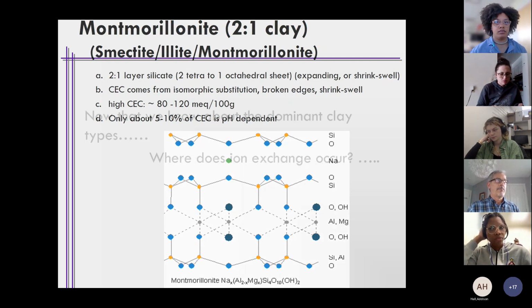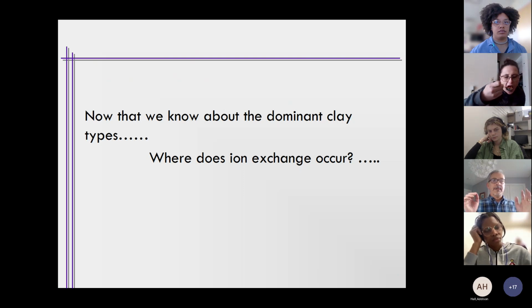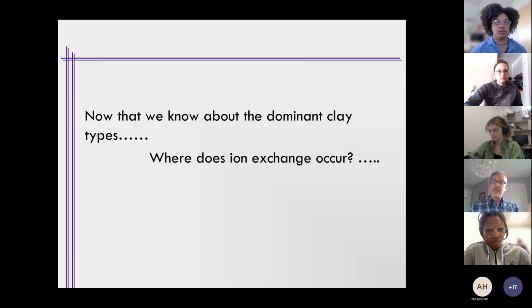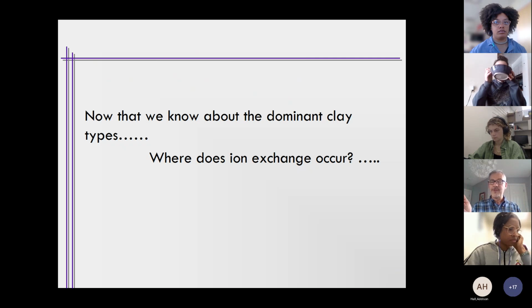So you know something about the dominant clays, 1-to-1s and 2-to-1s. 1-to-1s, maybe 50% of the negative charge comes from pH dependent charge, the other 50 from isomorphic substitution. And then you have 2-to-1 type clays, 90 to 95% comes from isomorphic substitution, 5 to 10% comes from pH dependent charge. So where does all this happen?